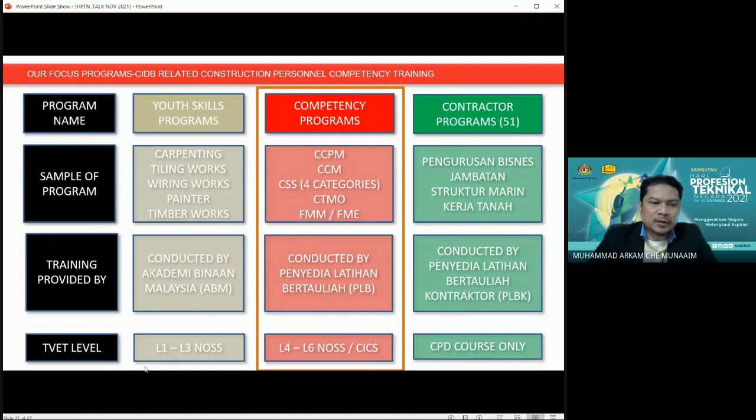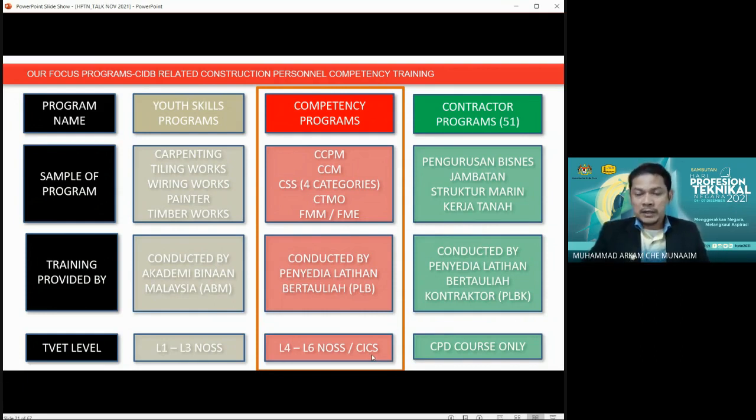And the TVET level is about 1 to 3 NOS, from National Occupational Skill Standard. Then the competency program, which is what we are talking about now, is on CCPM, CCM, CSS for the categories, CTMO, FMM, as well as FME, conducted by the PLB, Penyedia Latihan Bertauliah, just like Megajati. And we have level 4, level 5, NOS, and CICS, Construction Industry Competency Standard.